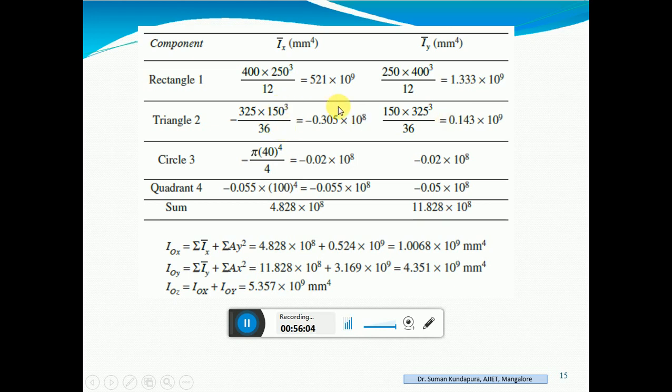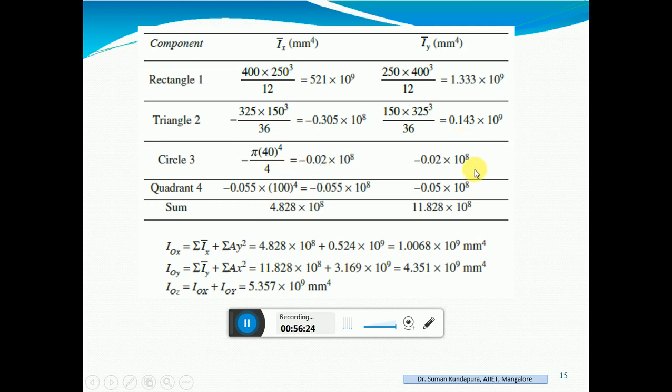So for the triangle you know the formula. For the circle, please look into your derivations. Ix bar is given as minus pi r to the power 4 divided by 4, minus because of the cutout portion. So find out that.